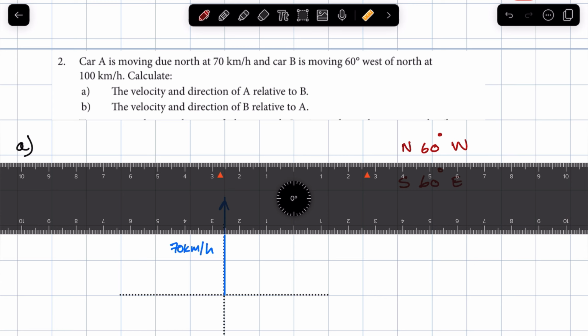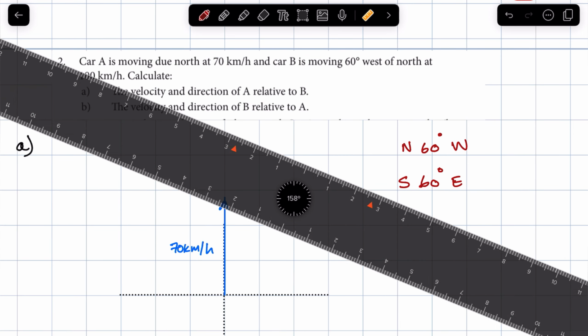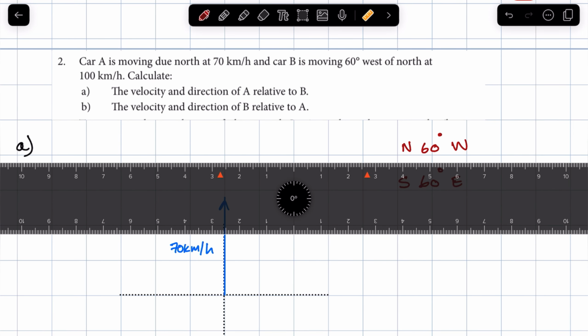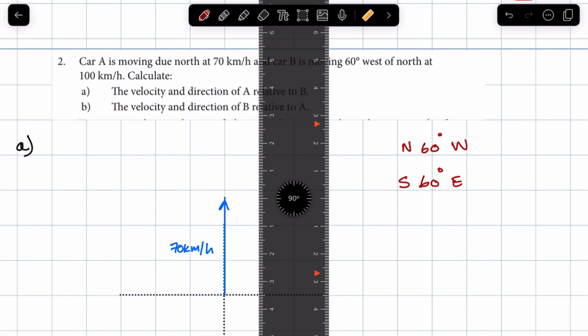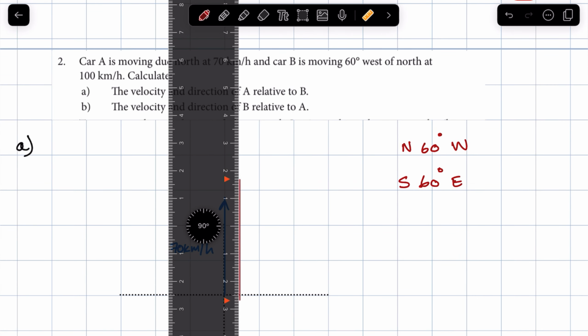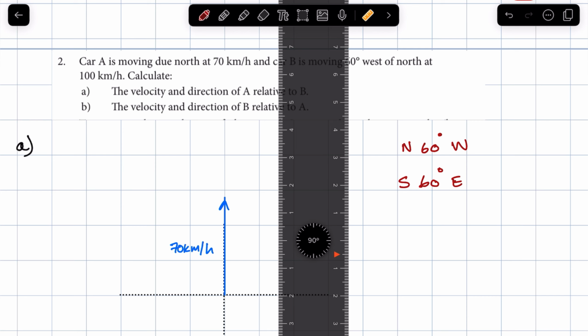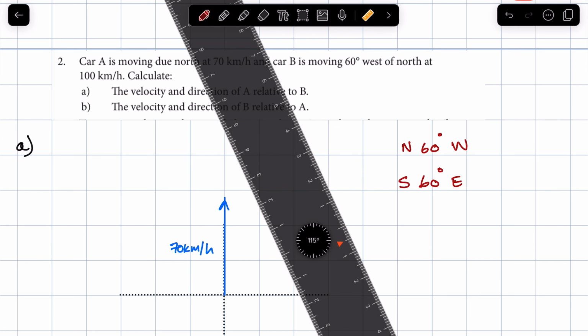Now remember, when using the parallelogram method, you have to make use of your protractor so that you are able to be accurate in drawing up your angles. Because of the app I'm using, I'm going to be using this ruler. The reference is south, 60 degrees east. So adding 60 degrees here, we get 150.